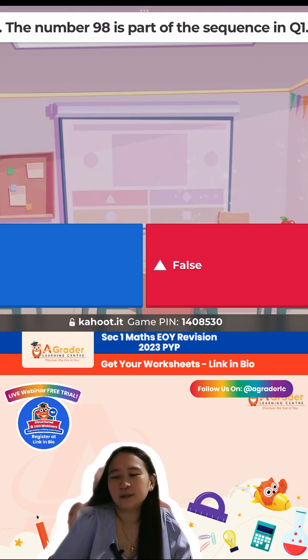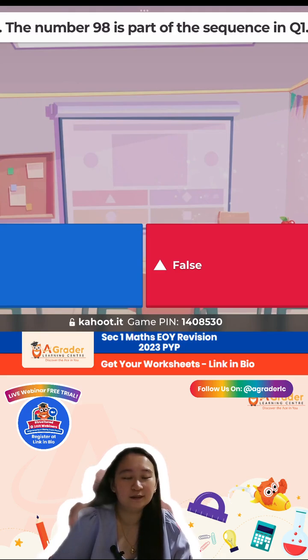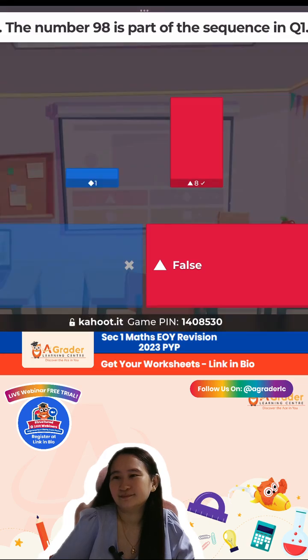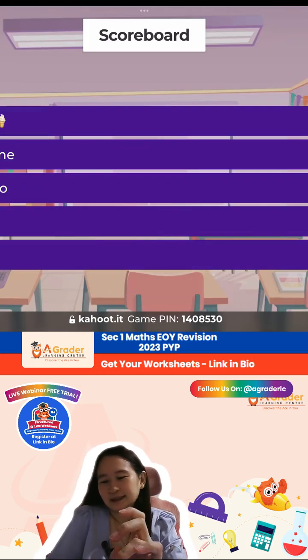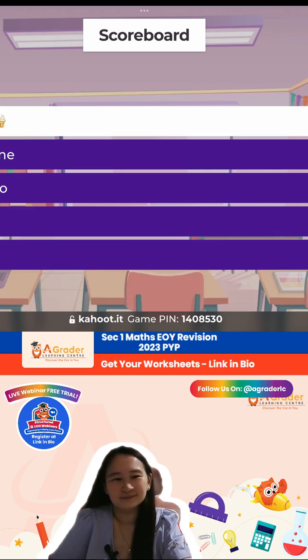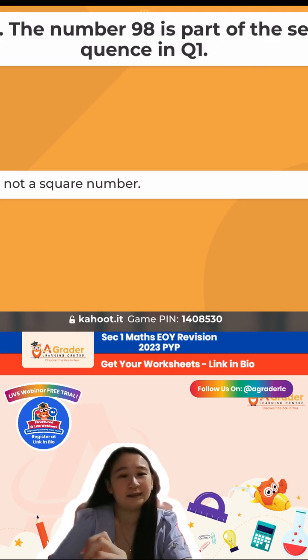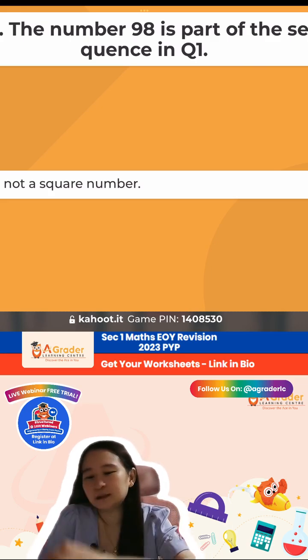Is the number 98 part of the sequence in question 1? Well done. So 98 is not part of the sequence in question 1 because 98 is not a square number, like I said just now. The sequence are all square numbers.